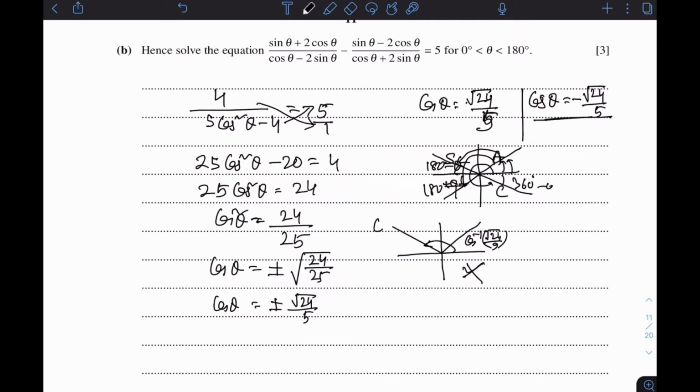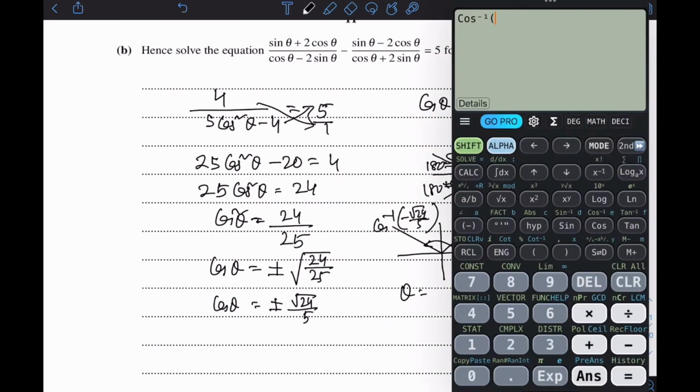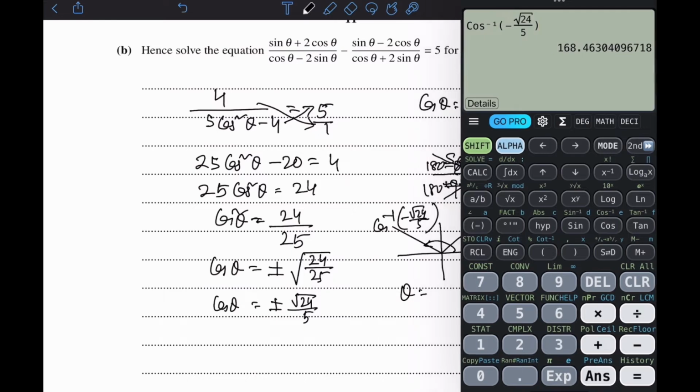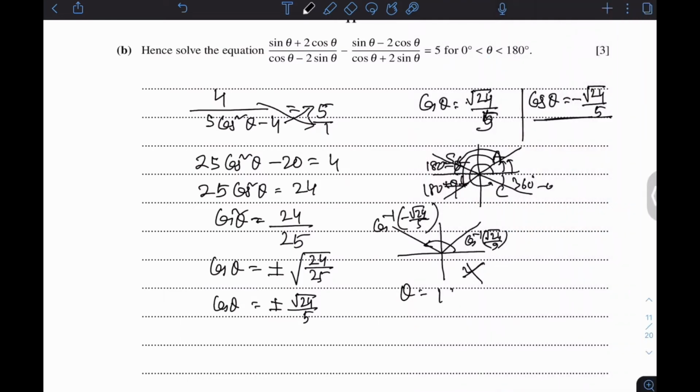So I can write cos inverse of minus root over 24 divided by 5. Okay, so this is 168.5 degrees for this part.